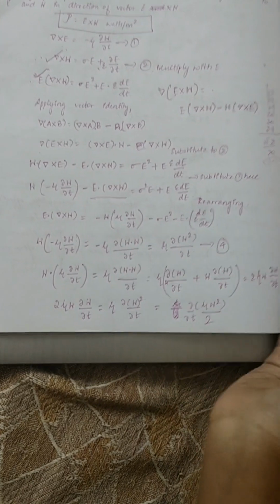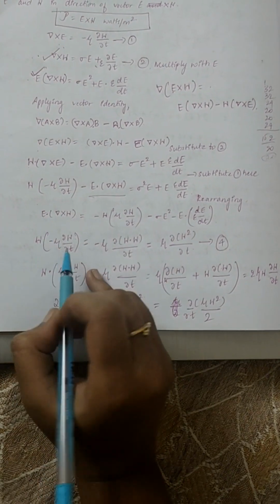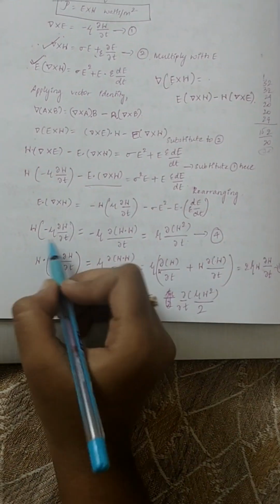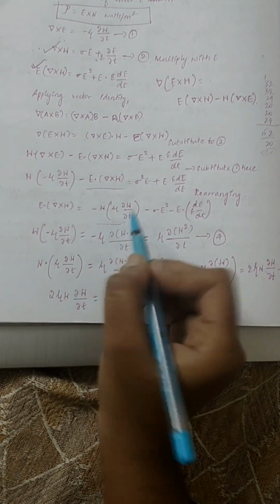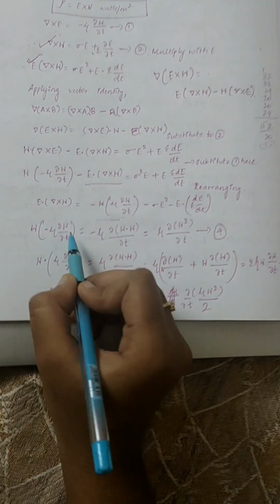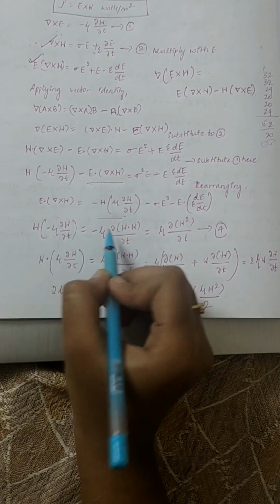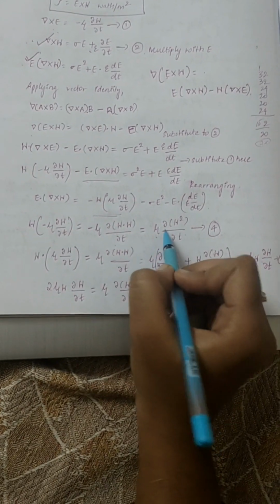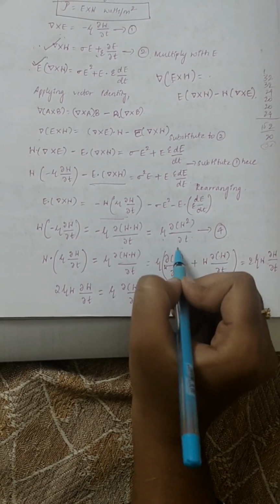Next, you're rearranging things. For this, we are changing that equation: mu you take out, so it will become H dot dH by dt, that is nothing but mu d H square by dt, since H dot H is H square. This will be your equation 4.